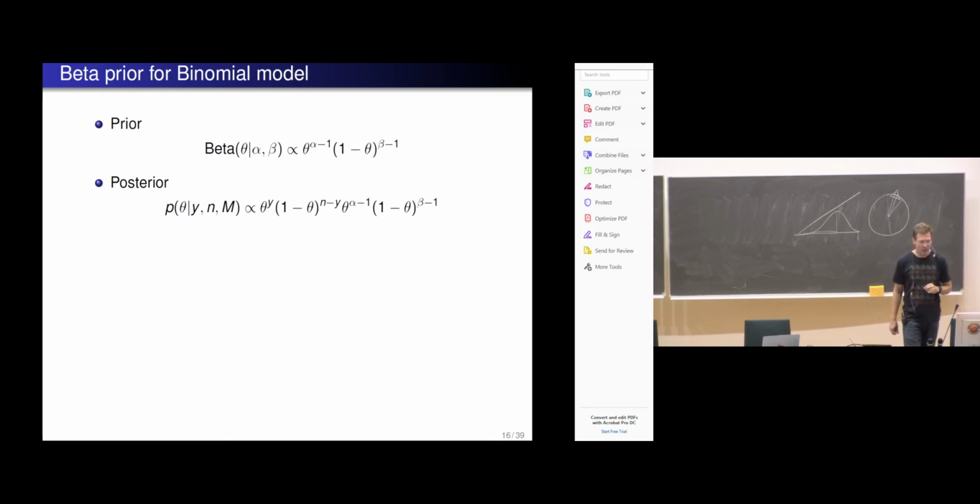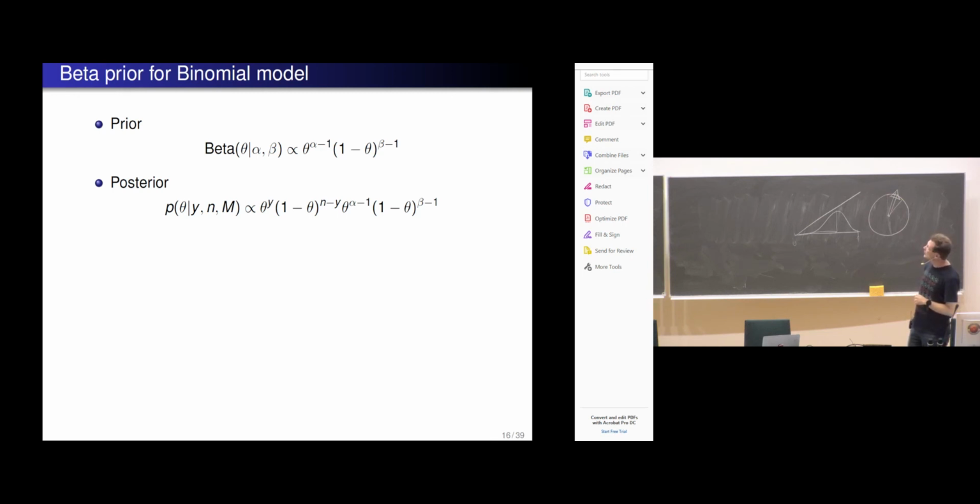So for binomial model, posterior is beta, so prior has to be beta also. I've used here the proportional to, so that we need to have only those terms which depend on theta.